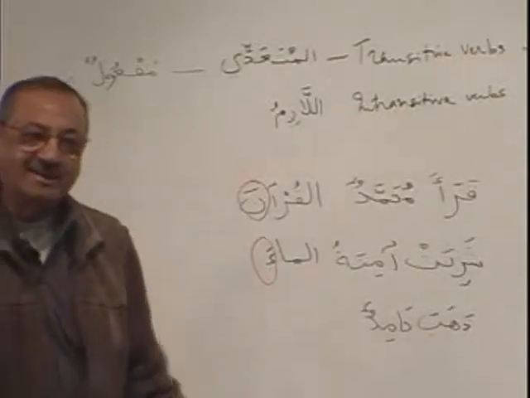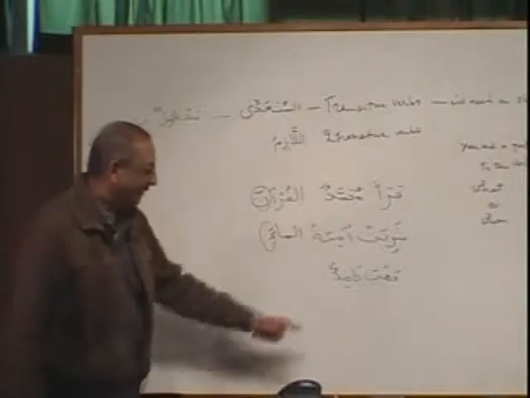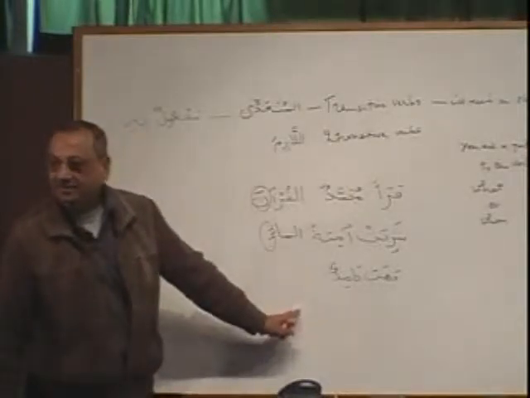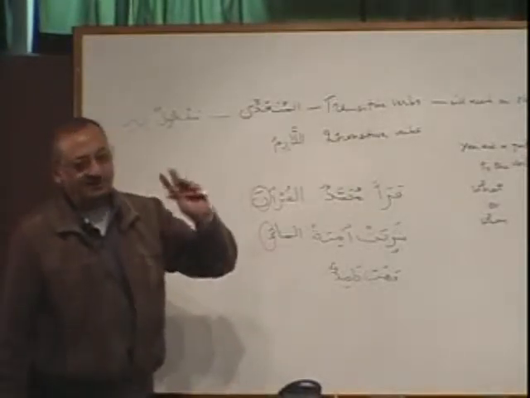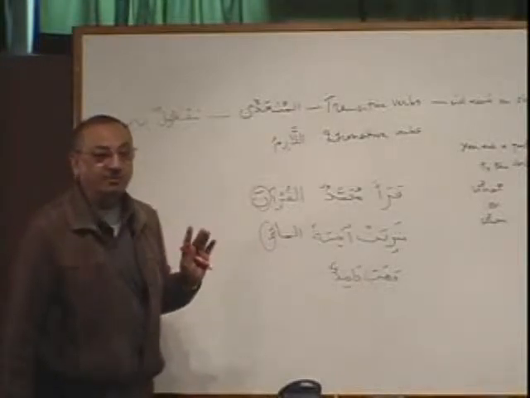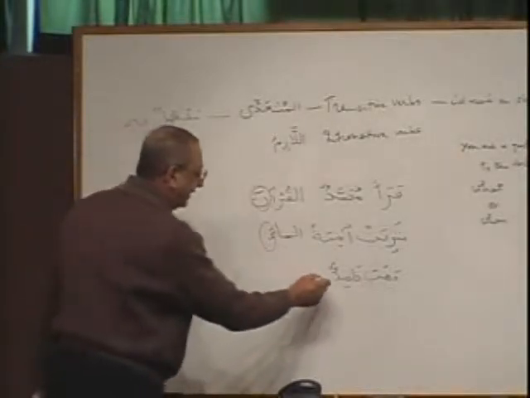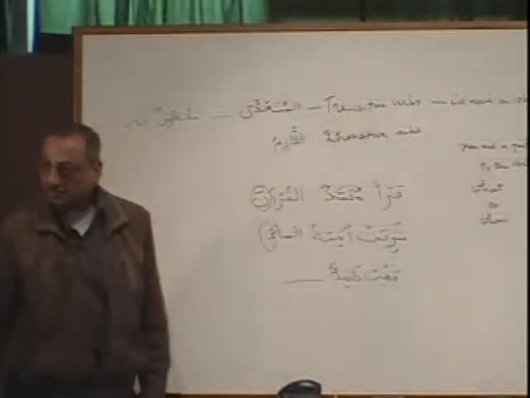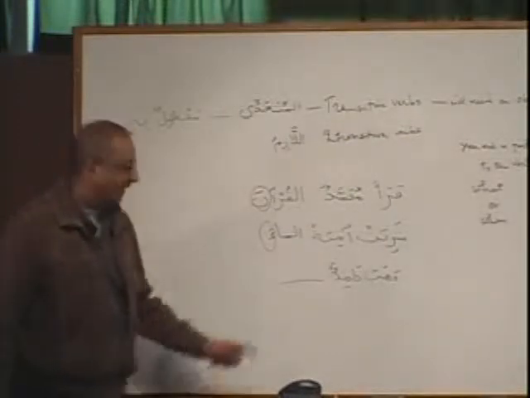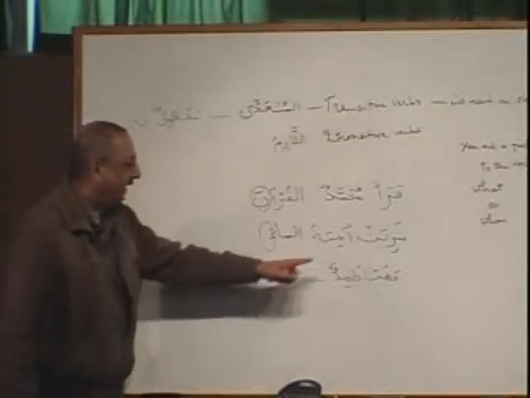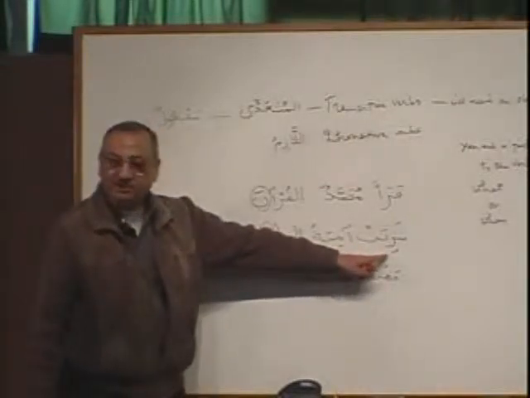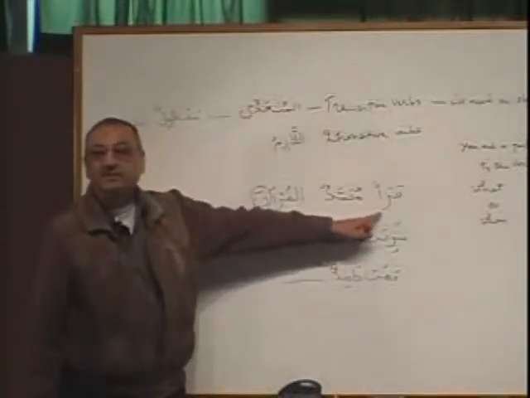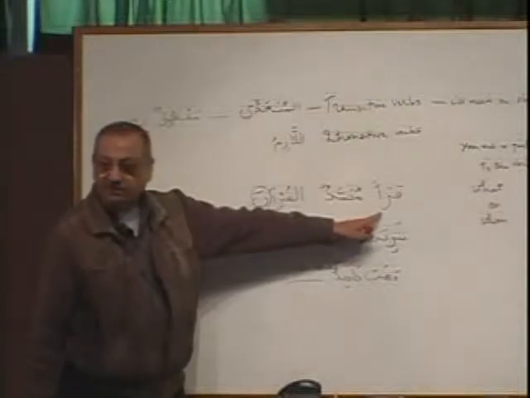It does not fit. There is no need for maf'ulun bihi. Zahaba Hamidun, he went. Khalas. There is no need for maf'ulun bihi. So it means this is fi'l lazim. In English, intransitive. And shariba is transitive. Qara'a is transitive. Do you understand?